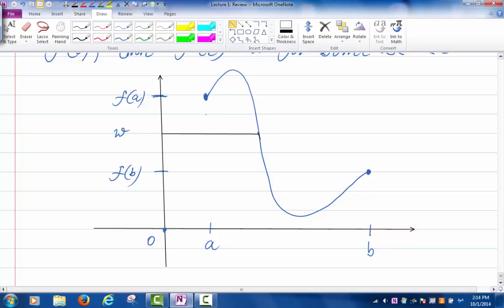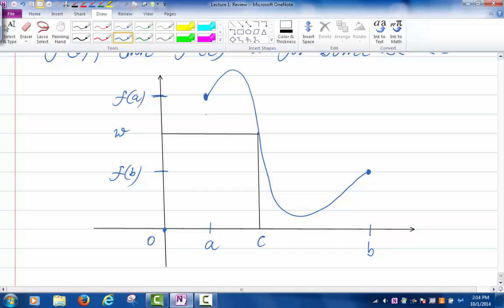So there is a value of c, where c is between a and b, where f of c is w. So once again, look at the value of f at a and at b, then f takes on any value in between, given that f is continuous from a to b. Is everybody okay? So there is some value c between a and b where the value of the function is exactly w.